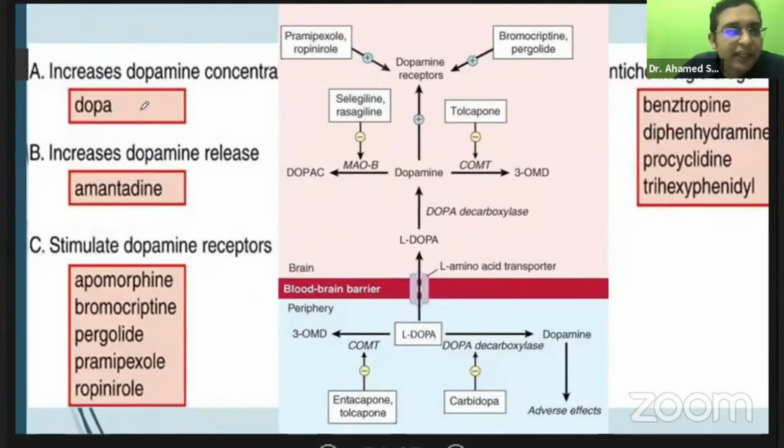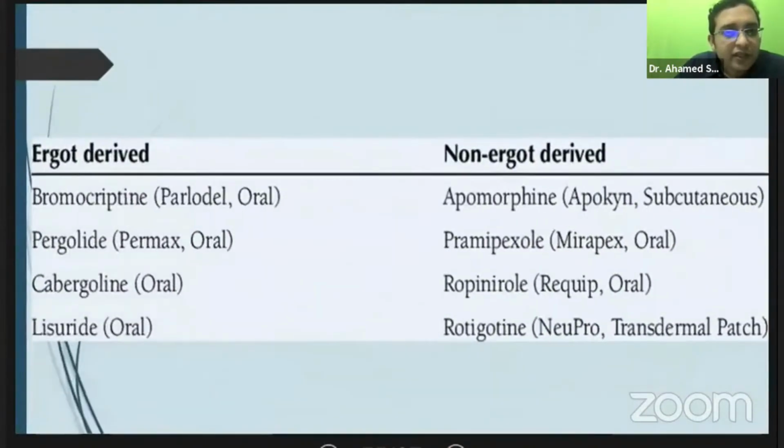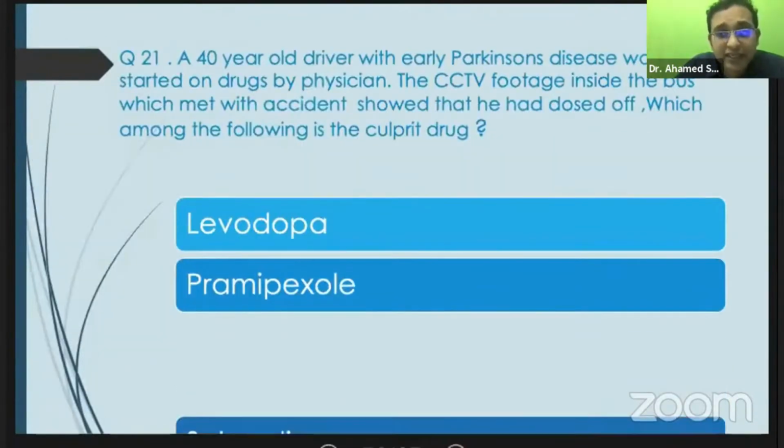Those that increase dopamine include levodopa and amantadine; those that stimulate receptors include ergot and non-ergot ones; and anticholinergic drugs include the others. This chart shows the ergot and the non-ergot agonists. This is there in Harrison.